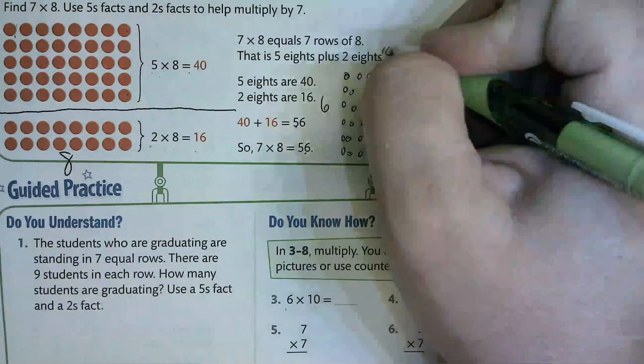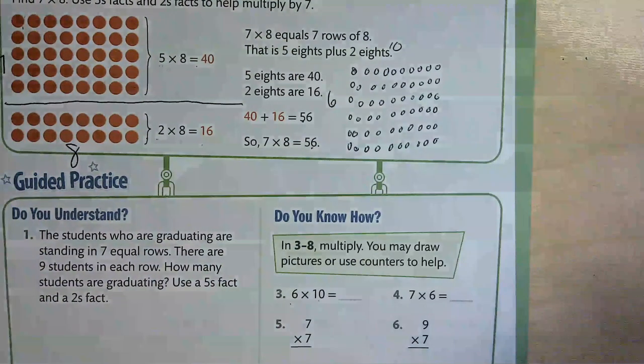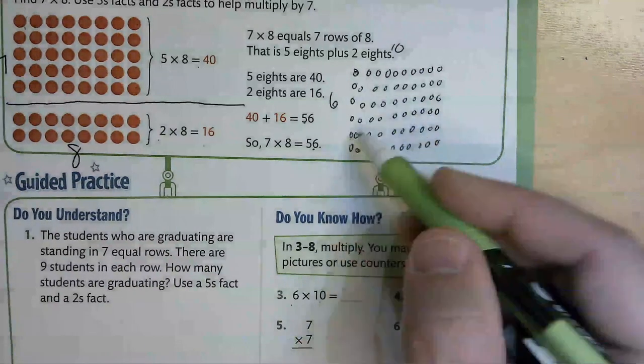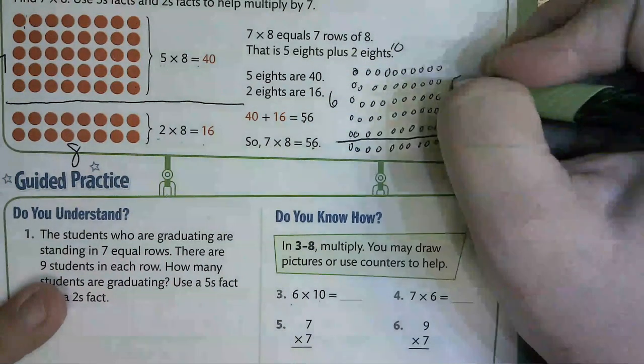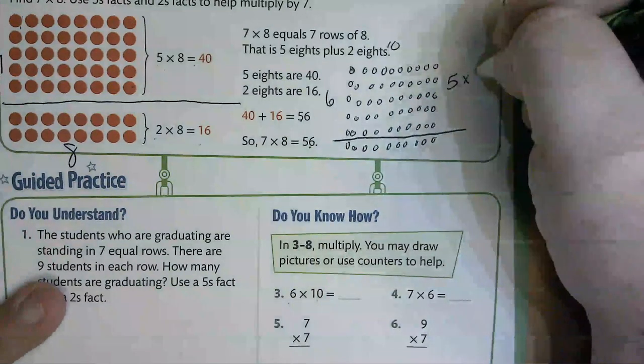6 by 10. Well, just like before, we were trying to get to 5 and 1 or 5 and 2. I'm going to do the same thing. I want to break this into 1, 2, 3, 4, 5. All right, so if I go right there, so I have 5, and there's 10 in each row. So 5 times 10.